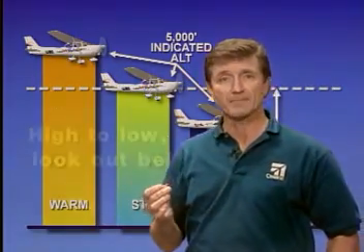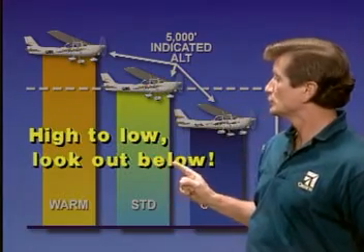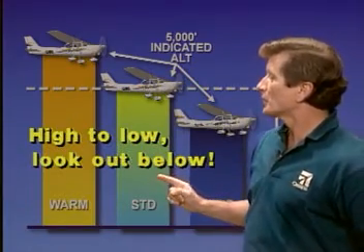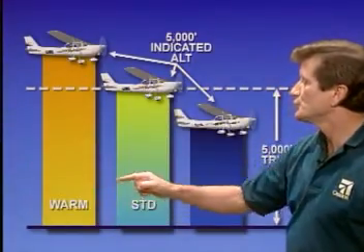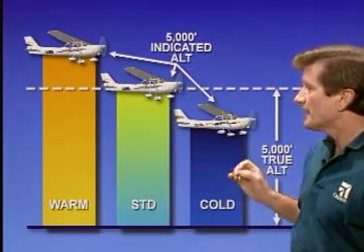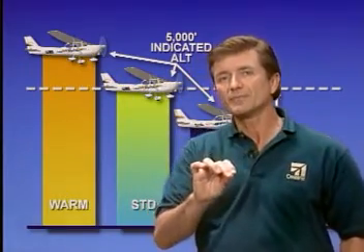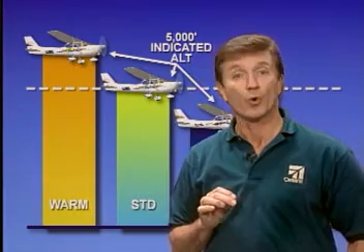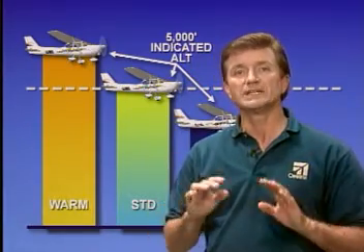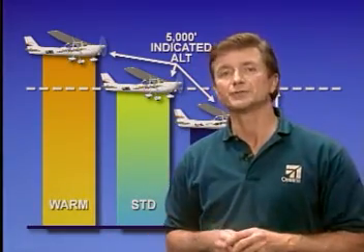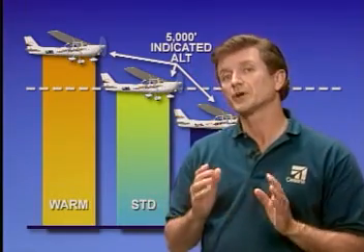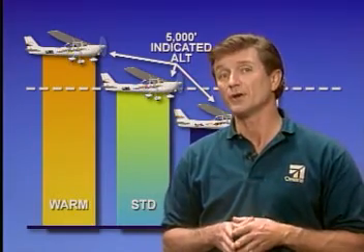Well, we can use the rhyme, "from high to low, look out below." In other words, we're going from high temperature to low temperature, then we'll be lower than that which our altimeter indicates, or our true altitude will be less than our indicated altitude, even though, in this case, the correct pressure is set into the window.